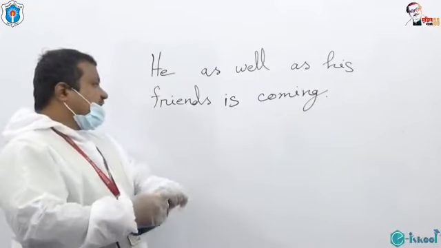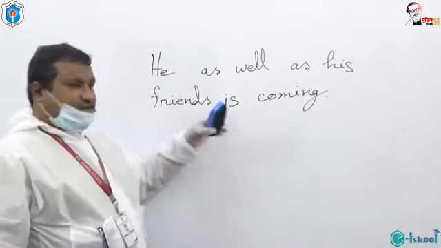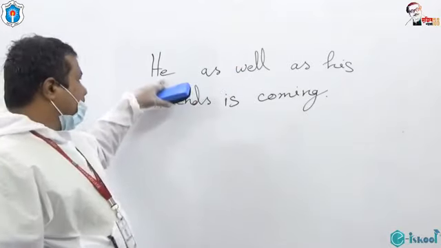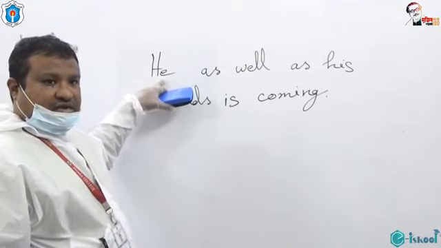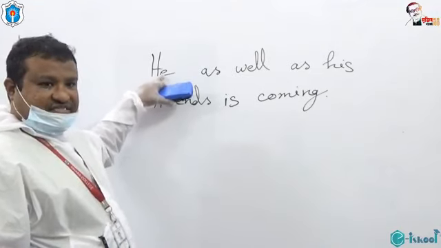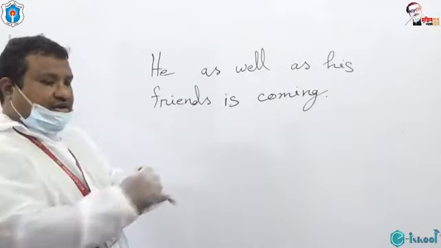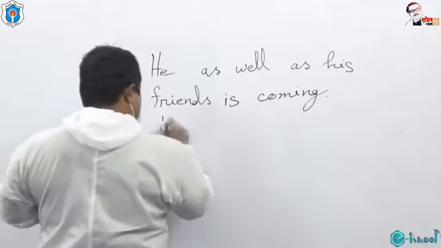That is, he as well as his friends is coming. So when we are using this phrase as well as, we will follow the first subject.